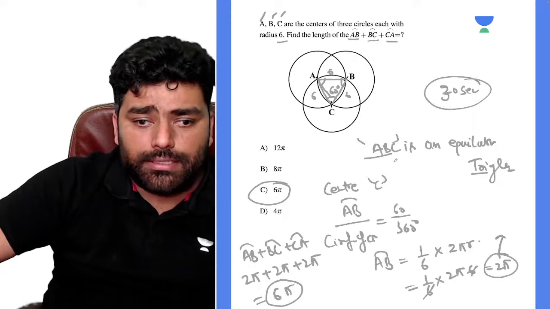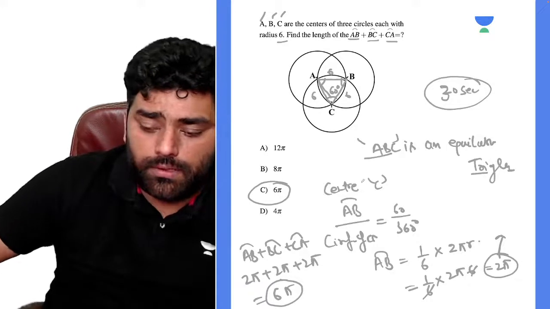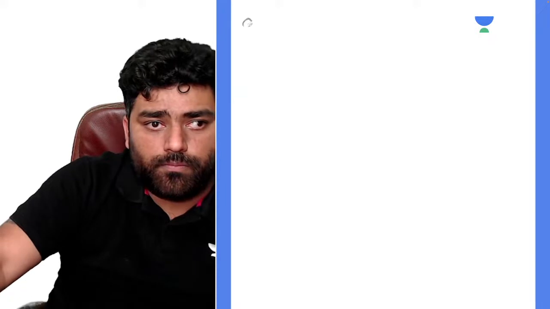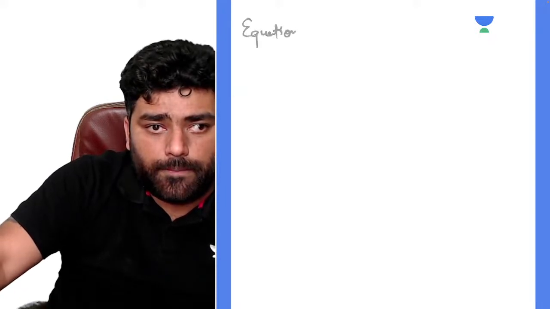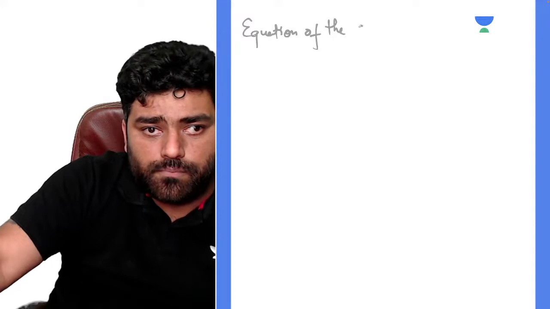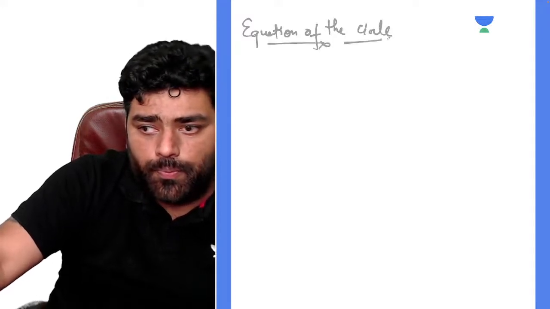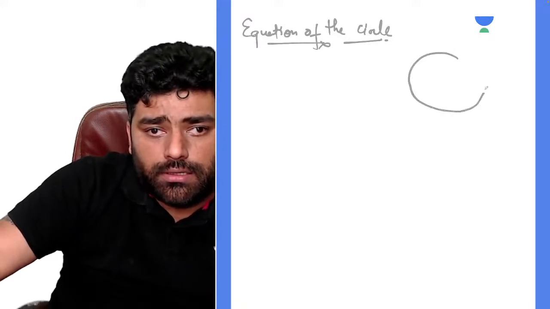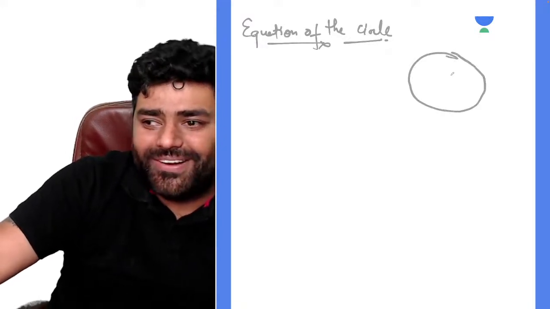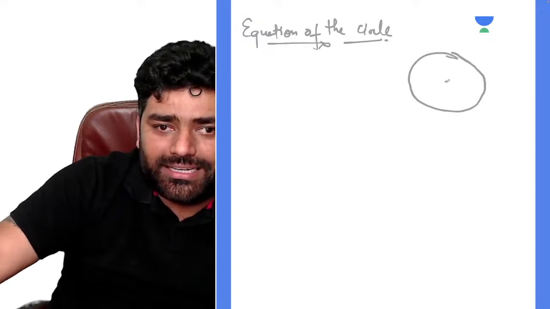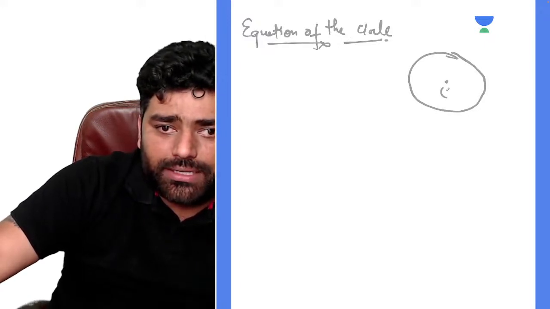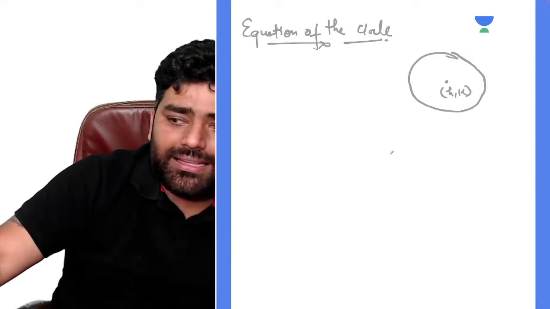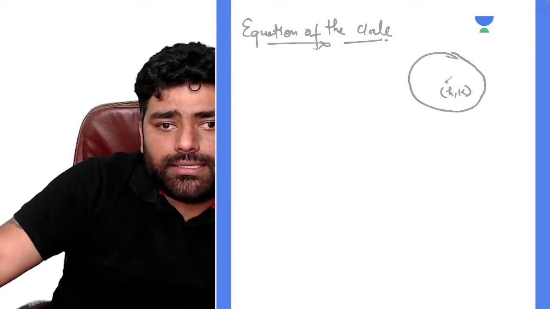Okay, next is the equation of the circle. Suppose this is a circle, and this is the center of the circle at the point (h, k), and this is the radius r.